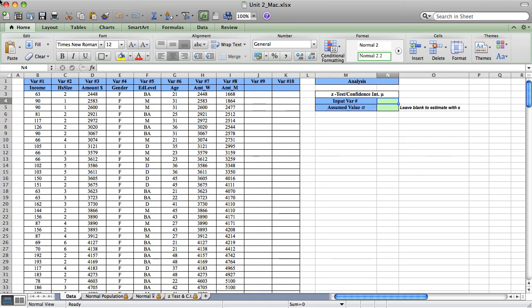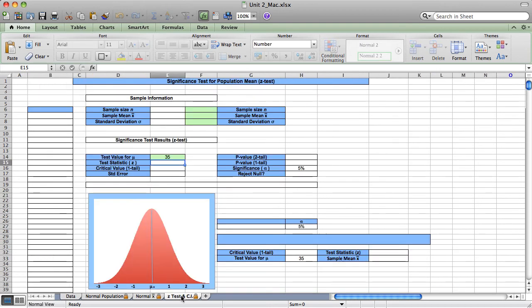So let's run that example using our Unit 2 Excel tool. So here we are at the Unit 2 Excel tool. I'm going to go ahead and click on the Worksheet tab, Z-Test, and CI for confidence interval. First, I'm going to input in my green input cells some of the information that I was given.